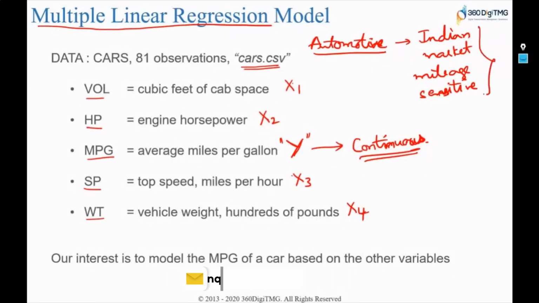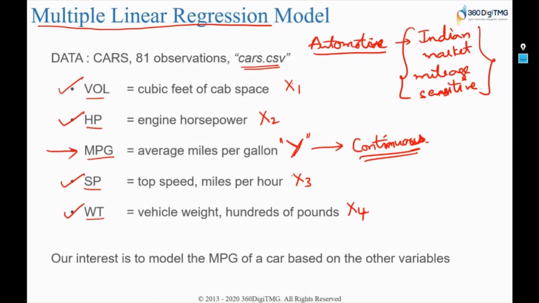So what do we do then? Since it is mileage sensitive, before you manufacture your vehicle, you want to determine upfront, for a specific volume, horsepower, top speed, and weight, what mileage you can expect.